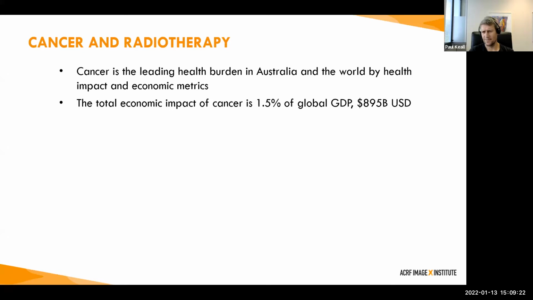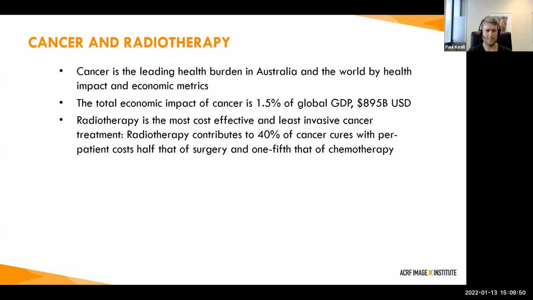So 1.5 cents of every dollar spent is spent on cancer. Between about 8 and 16% of gross domestic product of countries is typically spent on healthcare, and so cancer is taking up just under a quarter of that. It's quite amazing when we think of it, that 1.5 cents in every dollar is spent.